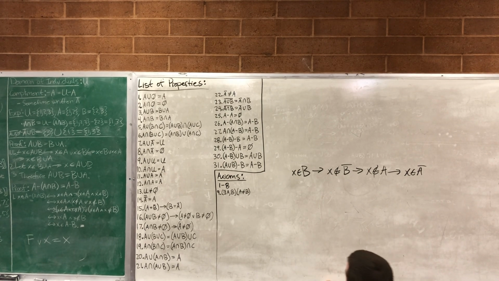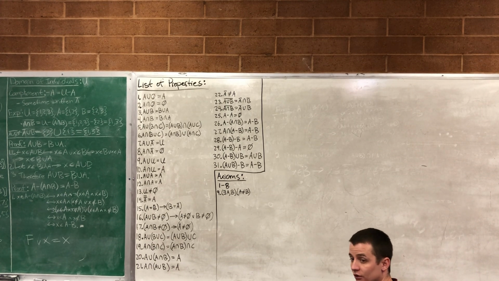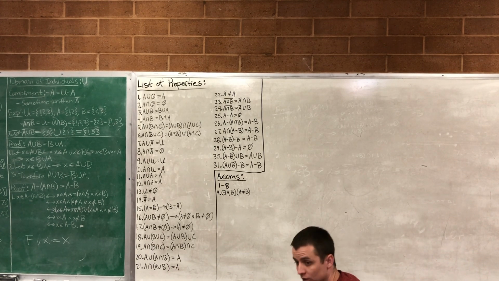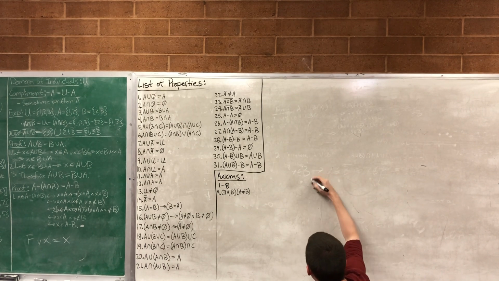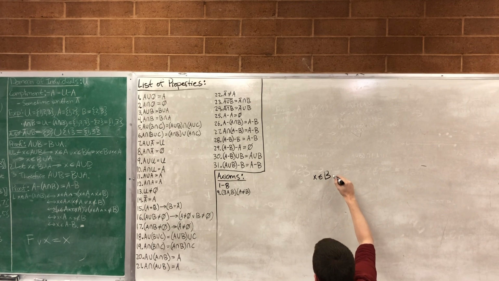Oh, you want to write it out like that? It is everything not in B, but we can write it with the U if you want. So we start out with X is in B. What does that mean?